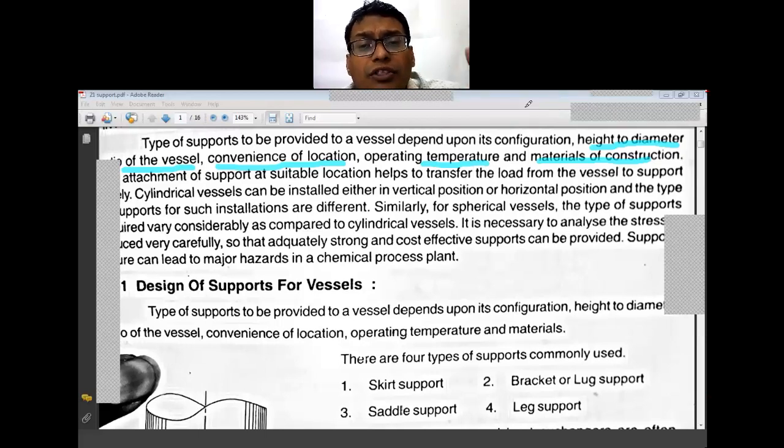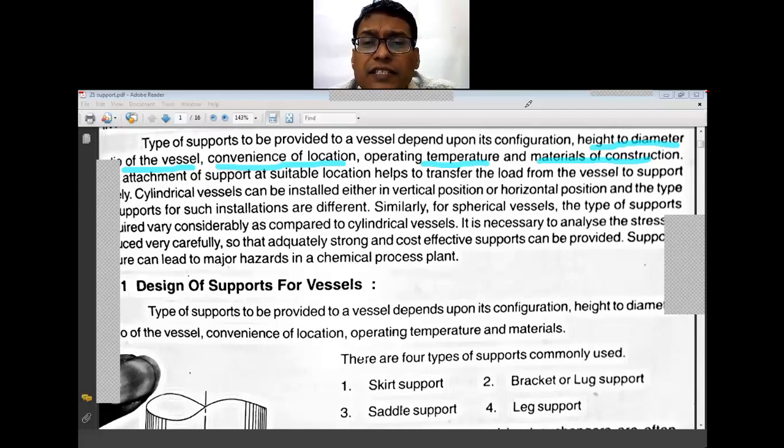Depending on that, the type of support varies. Then convenience of location, operating temperature, and material of construction. Besides that, the different attachments to the vessel also have to be taken into consideration while deciding the type of support or designing the support.